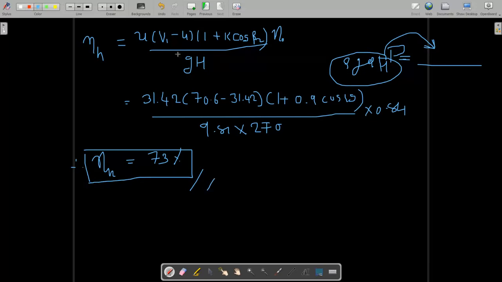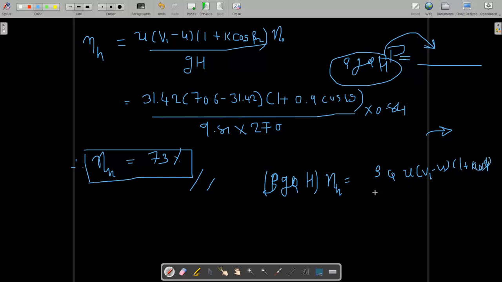Again, I'm explaining from where this equation came, hydraulic efficiency. Whatever power is available with water is given by rho g qh. All the power is not converted here, so there is some hydraulic efficiency, because this is associated with water. And how much power is coming out from the turbine shaft is given by rho q into u into (v1 minus u) into (1 plus k cos beta 2).